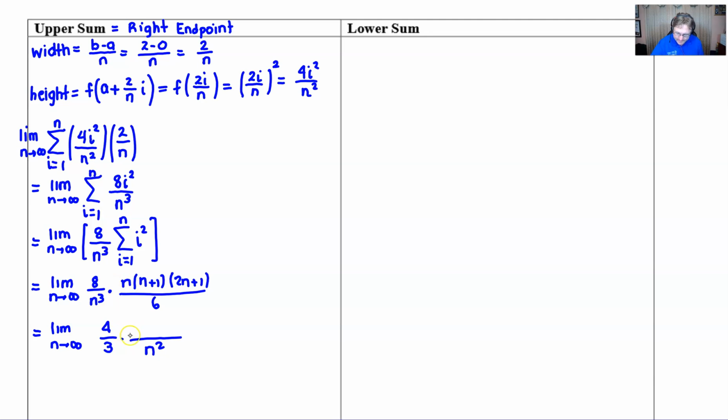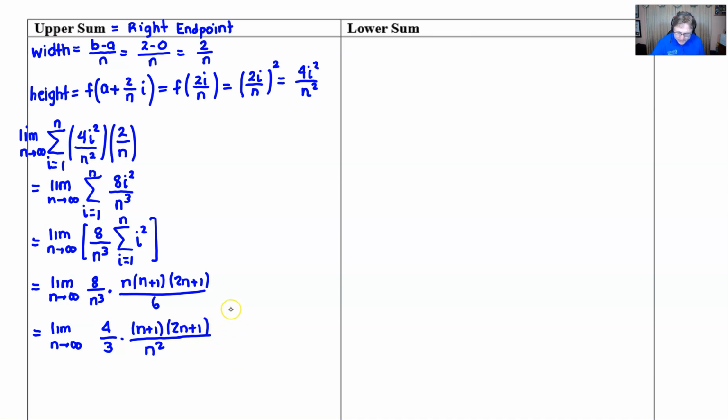And then on the top, I would have n plus 1 times 2n plus 1. Well, if you remember your rules for finding the limit as n approaches infinity, all you have to do is compare the degree of the numerator with the degree of the denominator. That's going to be a very important limit idea that's going to come to fruition. So in order to make this happen, you can think of it, let me do this.